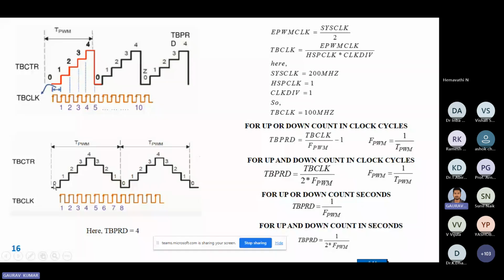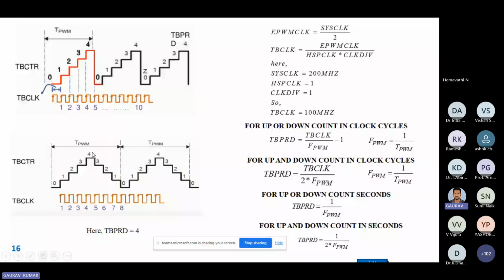Here we can see there are so many terms: TBPRD, TB clock, TB counter. We have a sawtooth wave which is in up mode, and a triangular wave which is in up and down mode.